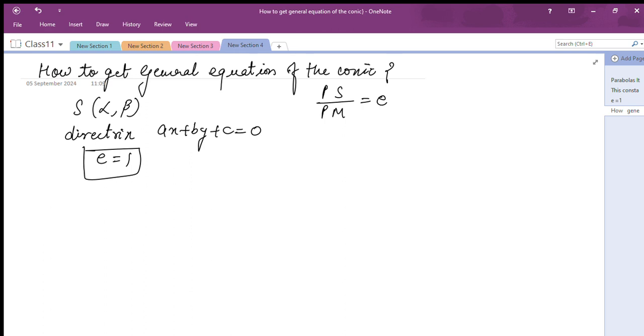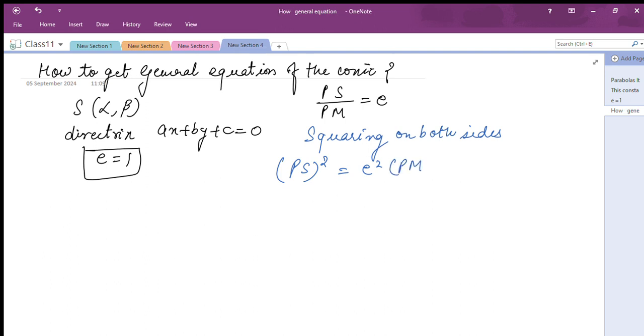Now we will square both sides. Then PS whole square equals e square PM whole square. A few things you must know about the distance. Let me make the graph of this.